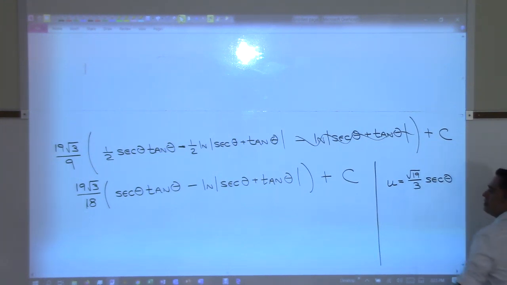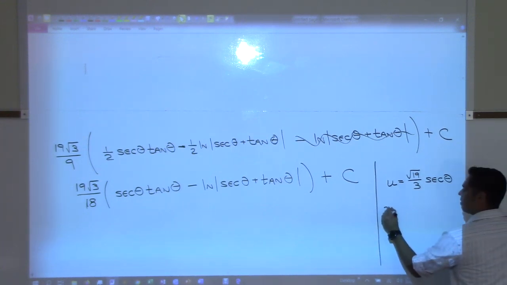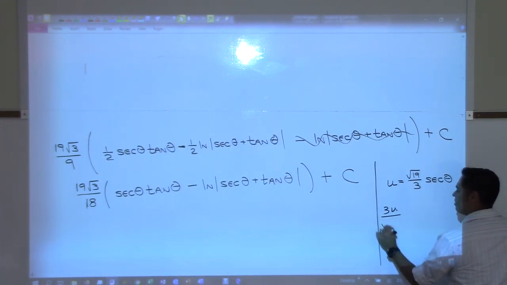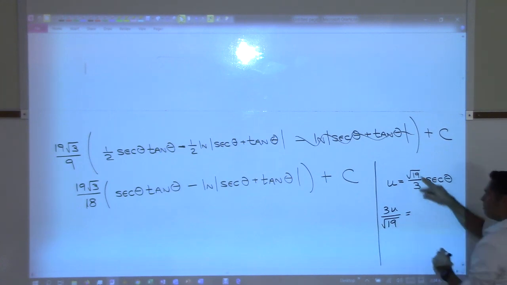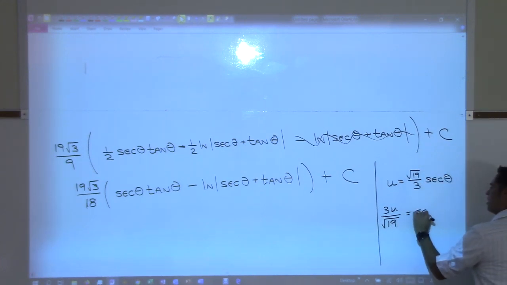Wasn't that what we had? Yeah, that's what we had earlier. This was our trig sub that we did. So I need to figure out what the triangle looks like for this. So this is going to be 3u over root 19, multiplying both sides by the reciprocal, secant theta.